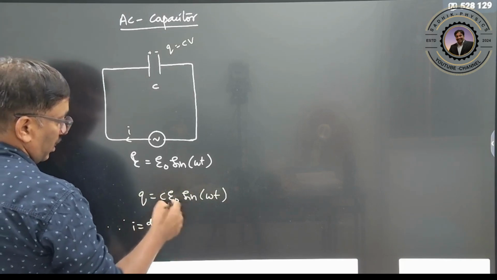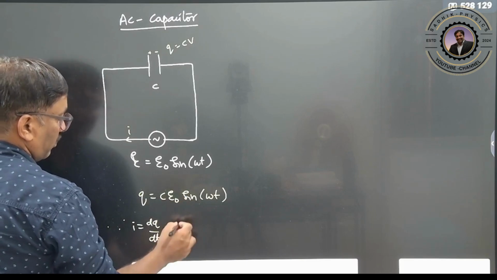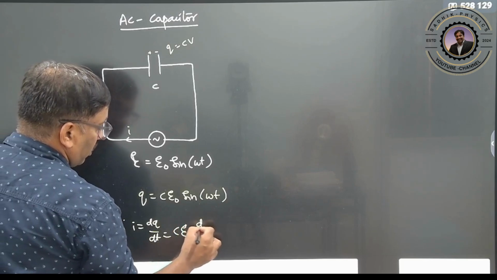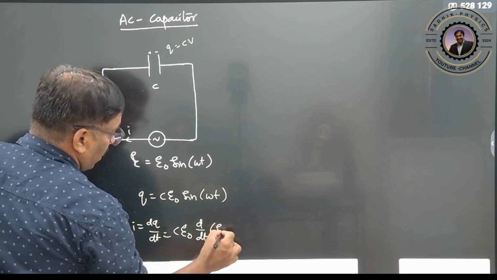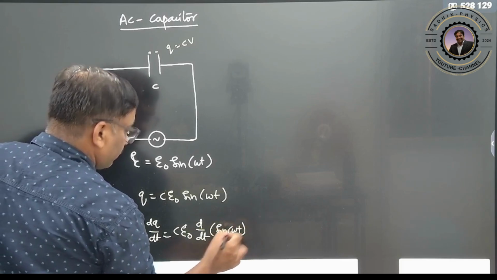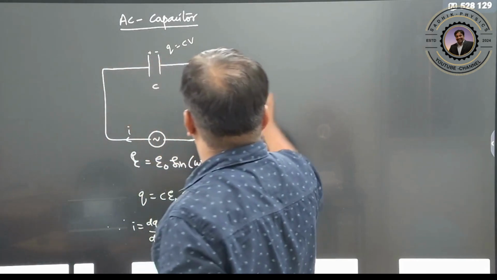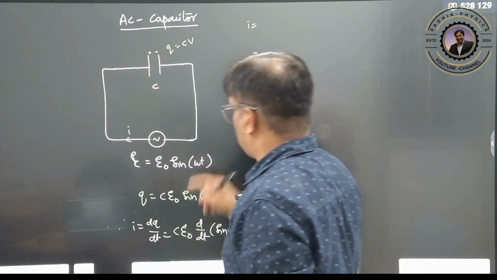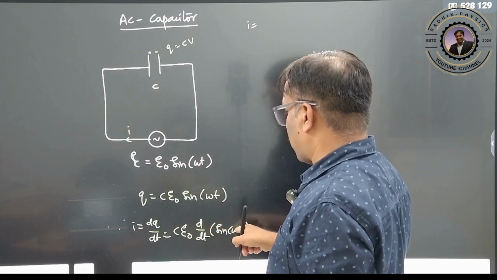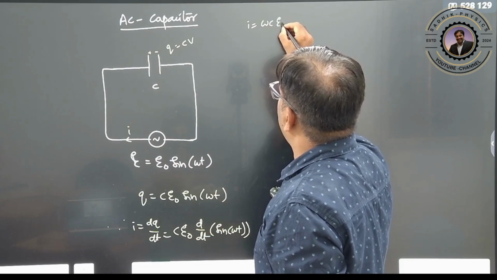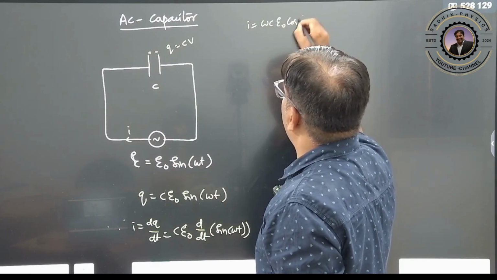Differentiating this, C into E naught, d by dt of sine of omega t. Clear? Differentiation of sine of omega t is nothing but cos of omega t. So I is equal to omega into C into E naught into cos of omega t.